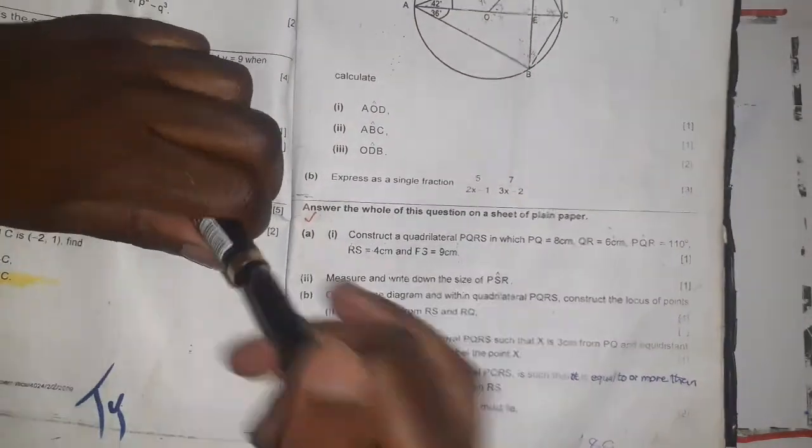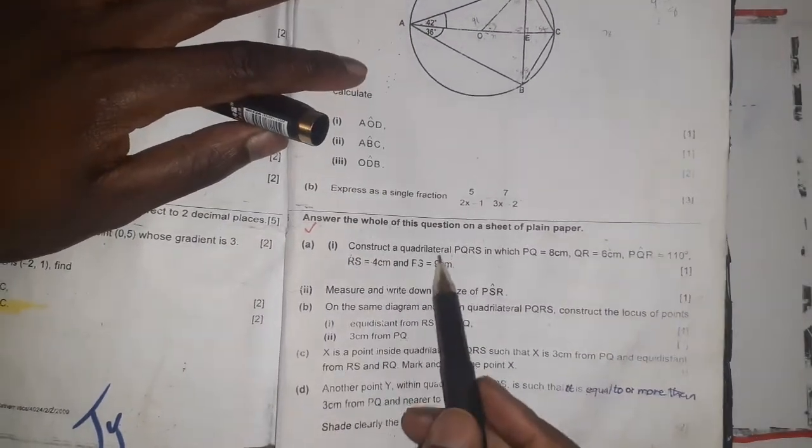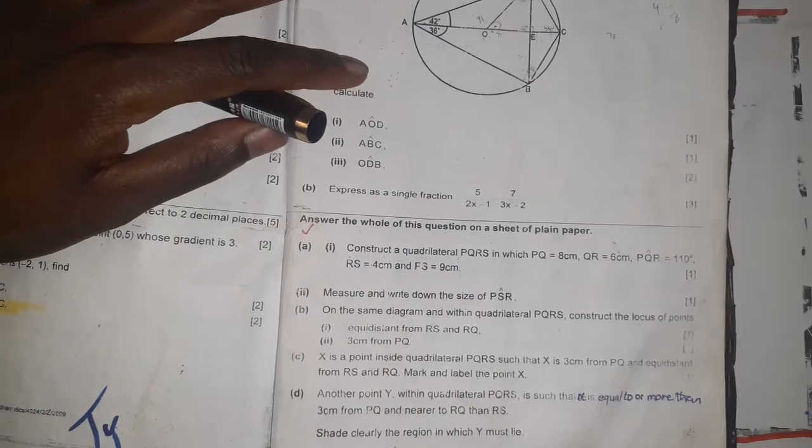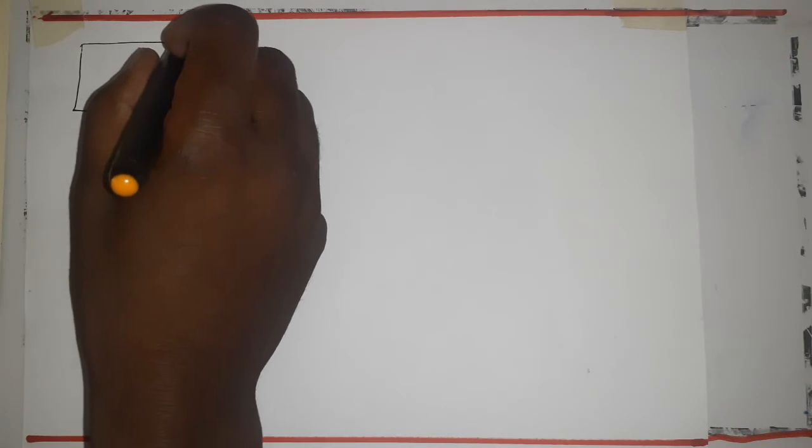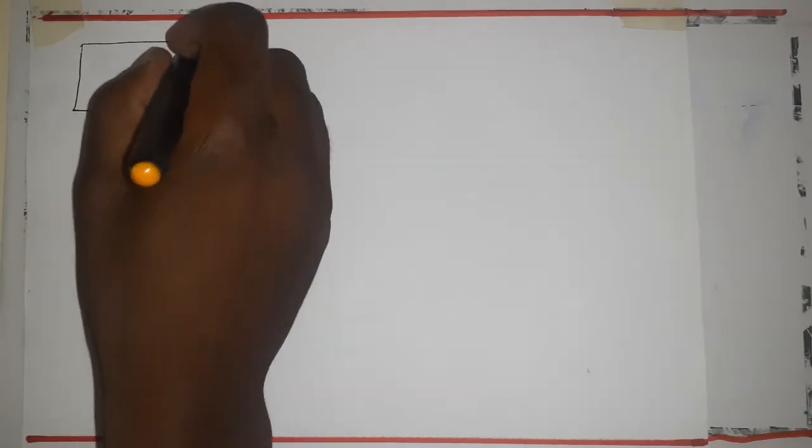So we always need to come up with a sketch. Remember that a quadrilateral is a four-sided polygon. So we always do our sketch, something that is four-sided, just to give us a guide. It's just a sketch, like a road map, something that we are going to refer to. This is not accurate, remember.